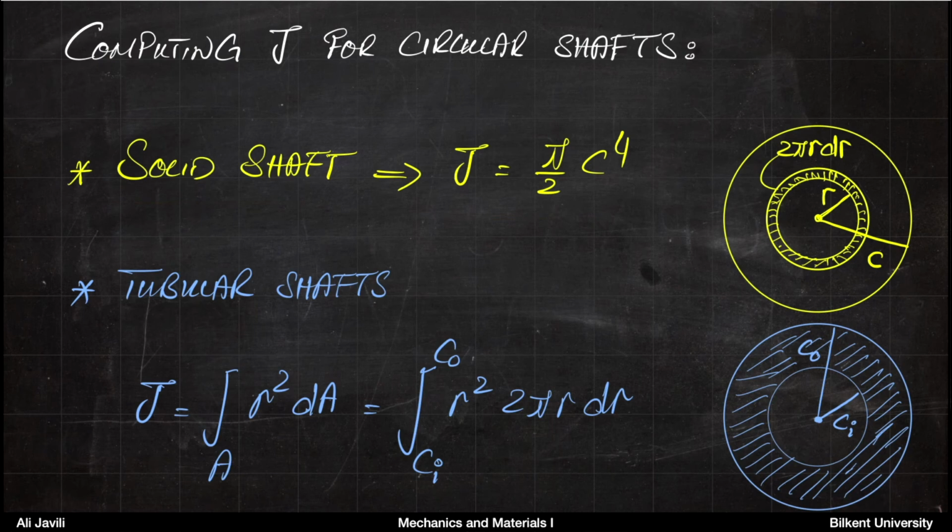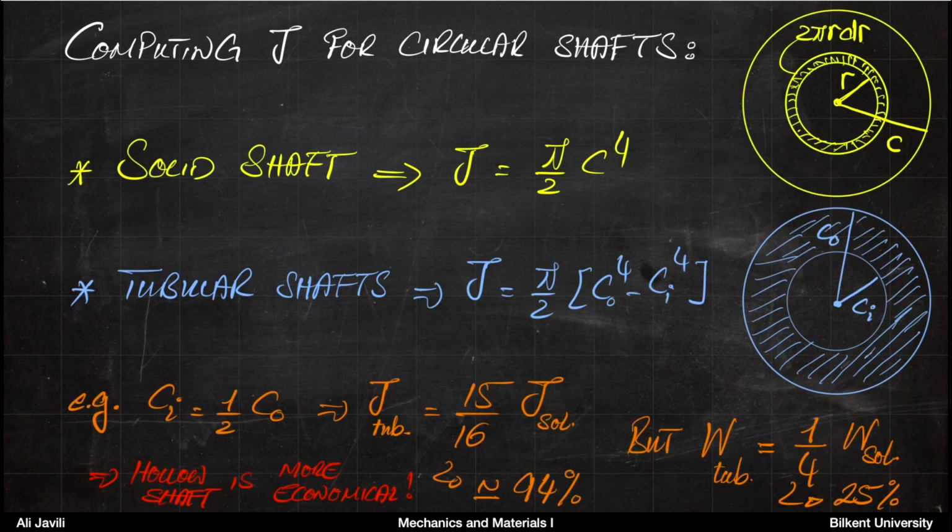Now, if you have a tubular shaft, so it's a hollow shaft, you do exactly the same thing, except that now you integrate from Ci to Co, indicating that you integrate from inner radius to outer radius. And if you do that, then for a hollow shaft, for a tubular shaft, you get J equals pi over 2 (Co to the power of 4 minus Ci to the power of 4).